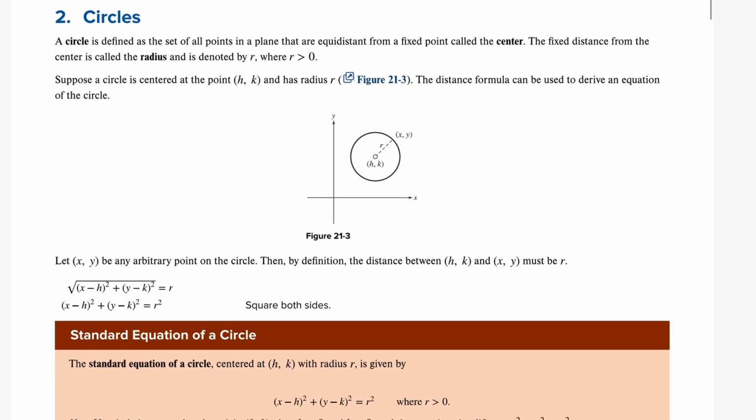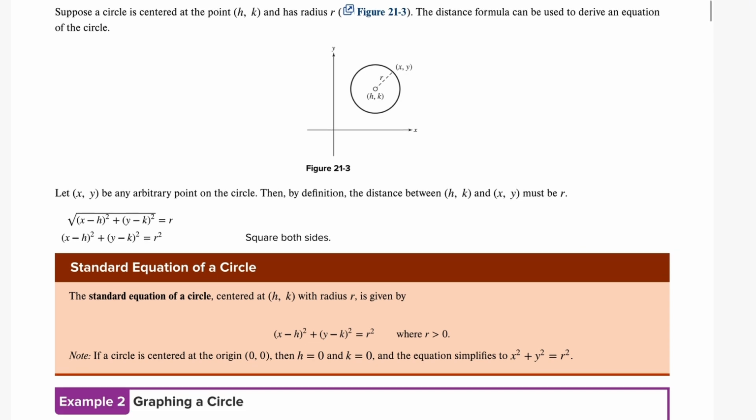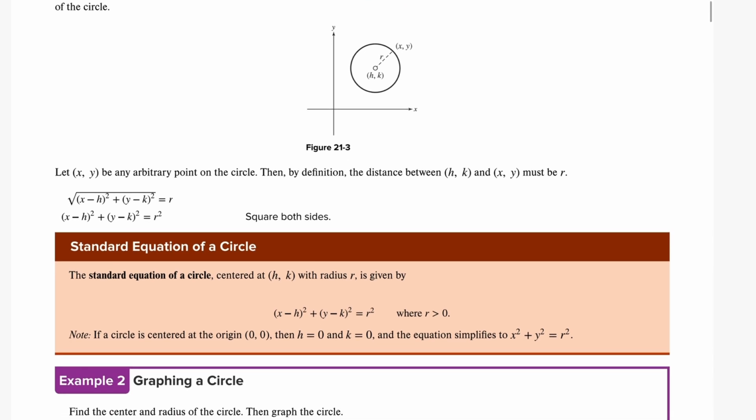So the equation of the circle reads as x minus h squared plus y minus k squared equals r squared. If a circle is centered at the origin 0, 0, then h is equal to 0, k is equal to 0, and the equation simplifies to x squared plus y squared equals r squared.